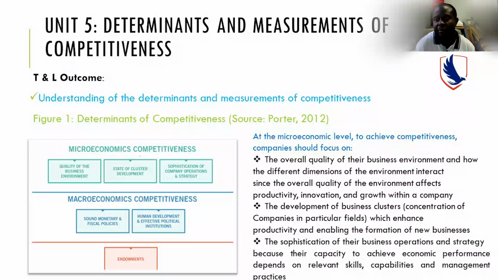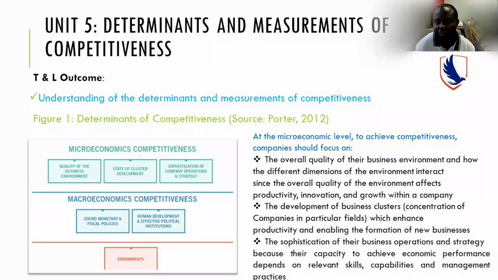But in this module, although there is content on that, the focus should really be on the microeconomic, which says that for a company to achieve competitiveness, it must focus on the overall quality of their business environment and how the different dimensions of the environment interact, since the overall quality of the environment affects productivity, innovation, and growth within a company.